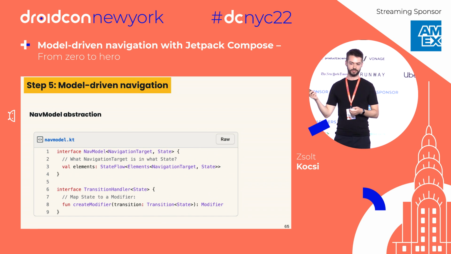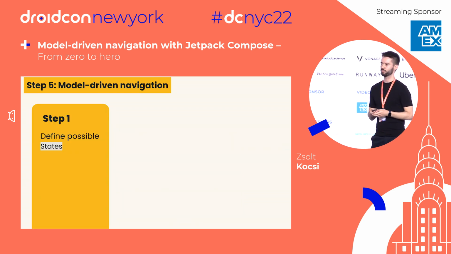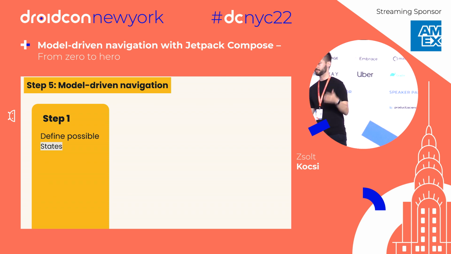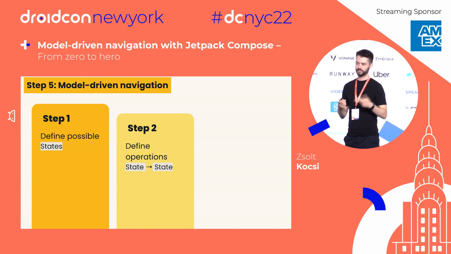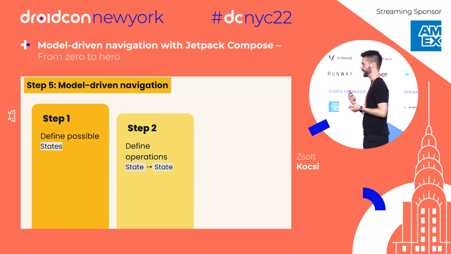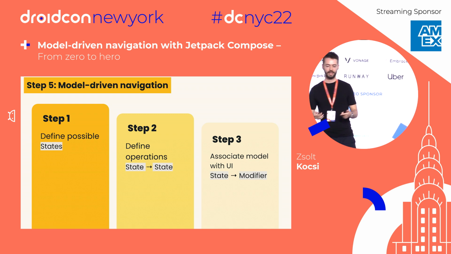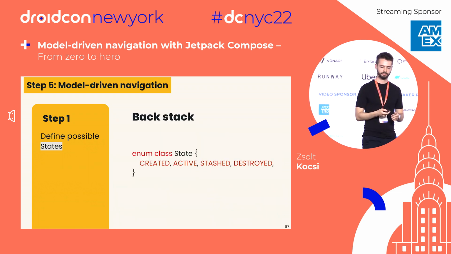And then as a separate concern, we could have a transition handler mapping these states to actual compose modifiers. And coming up with any actual implementation of this navigation model would be a 3-step process. First, we would define possible states. Then we would define operations how to change this state. And then we would associate this model with UI properties.